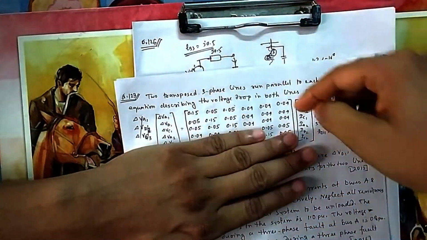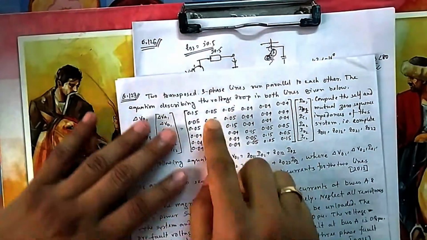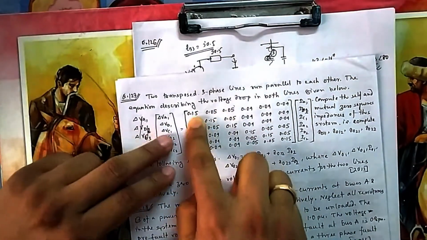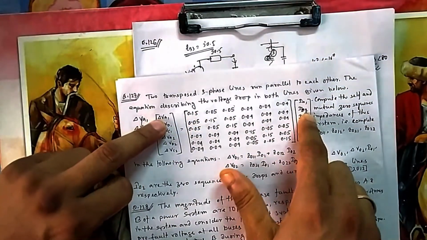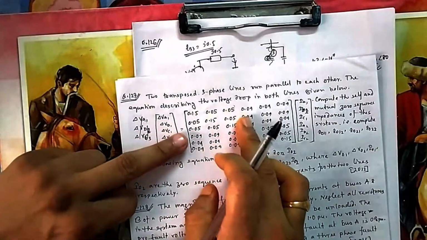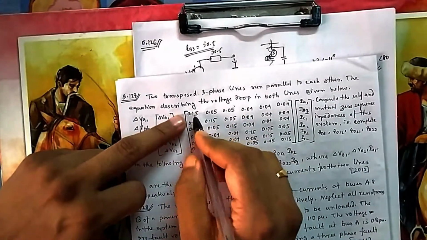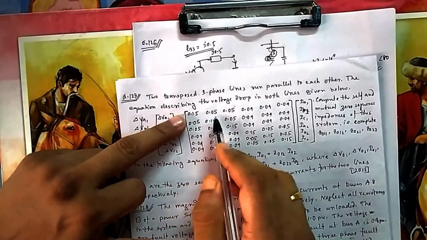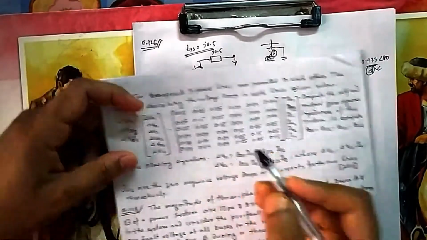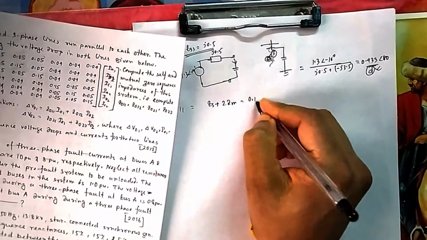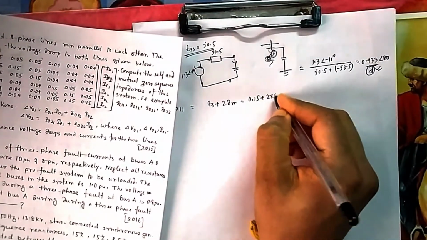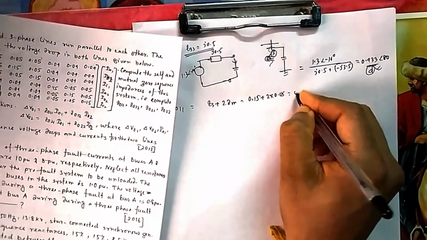So this matrix represents the relation between 1 and 1, that is actually Z11. From that, to find Z0, which one is self? Self is 0.15. What is mutual? That is 0.05. So it is 0.15 plus 2 into 0.05, which gives you 0.25.